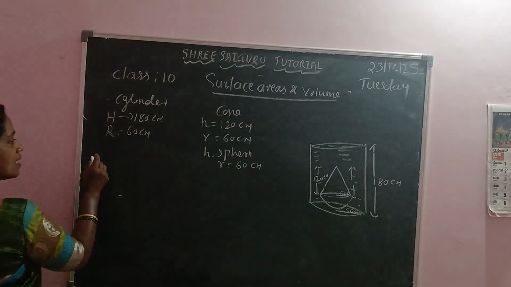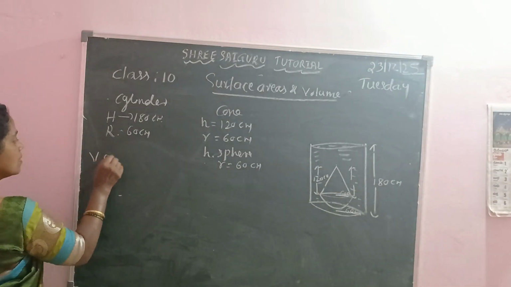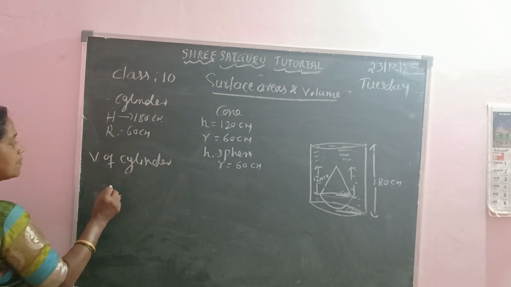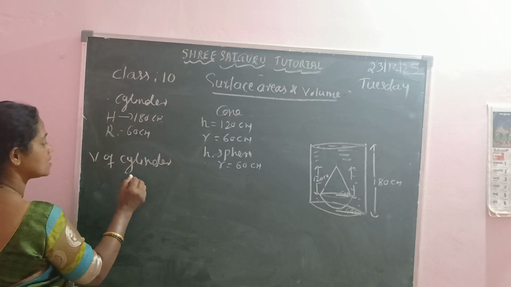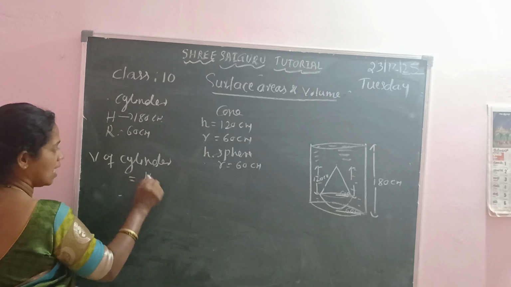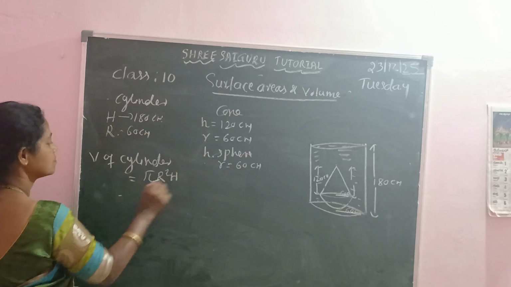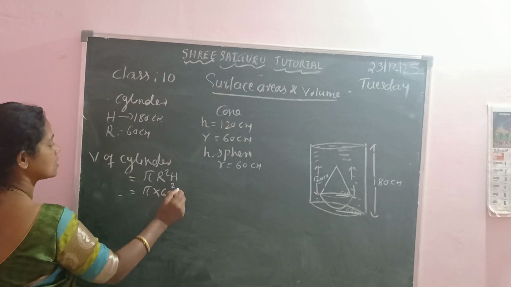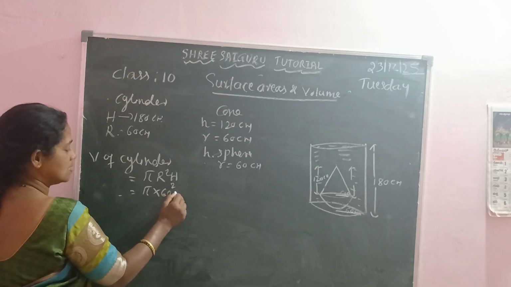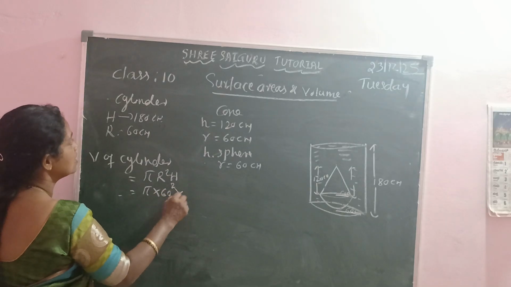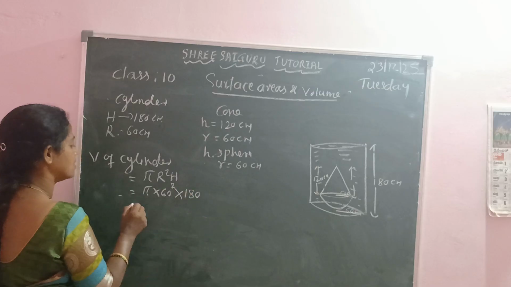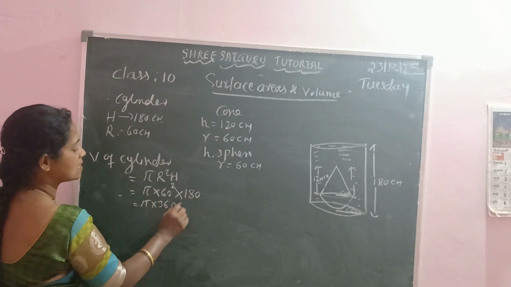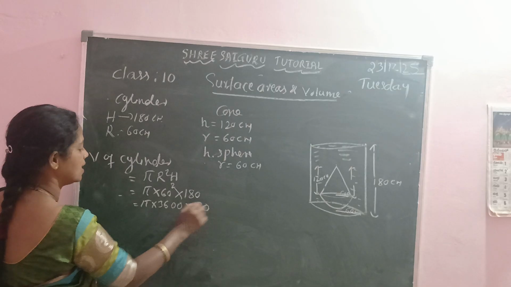Now first I will calculate volume of cylinder. Using formula. What is the formula? Pi r square h. Pi into r value 60 into 60, I mean 60 square, into height is 180 centimeter. That gives 60 square is 3600 into 180.